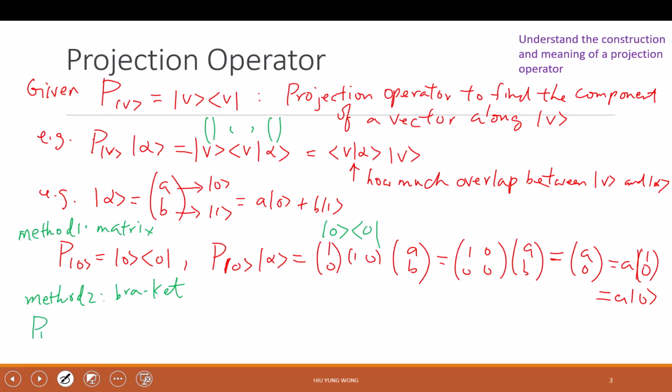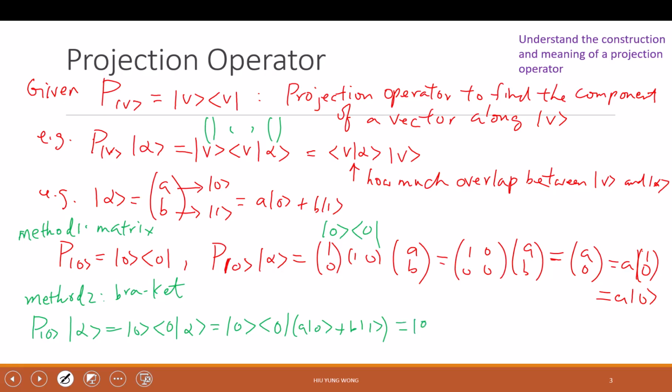So P0 applied to alpha equals |0><0| applied to alpha. Is this okay? So what is alpha? Let me continue. This is |0><0|, but alpha is A|0> plus B|1>. That is the alpha, A|0> plus B|1>. And then I'm going to do the distribution law.